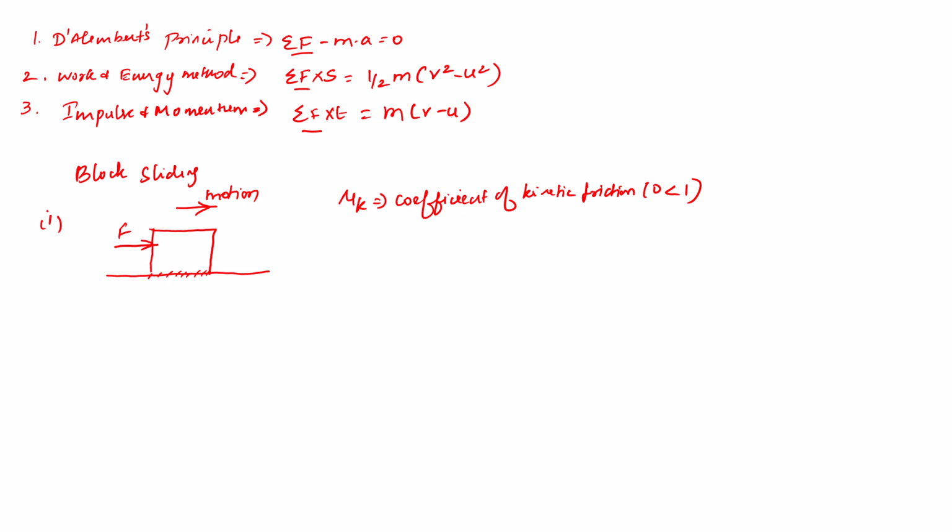Kinetic friction is the friction which will be considered when you are dealing with motion. When it is at rest, then it will be considered static friction, which is given as mu s. Always remember in terms of friction, mu s will be greater than mu k.